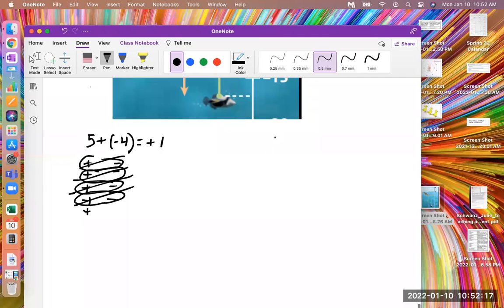Let's say -3 plus +2 equals. Because it's 3 negatives, 1, 2, 3, and 2 positives, each negative and positive cancels, and then you get 1 negative. So it's -1. That's the answer.